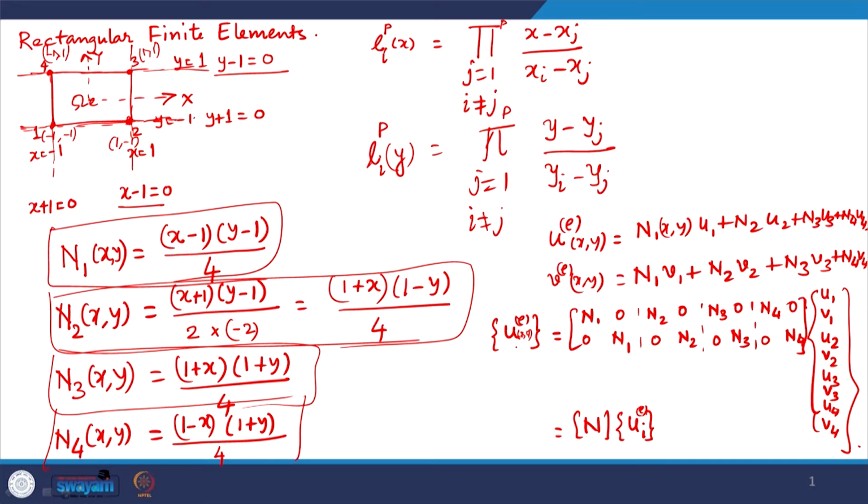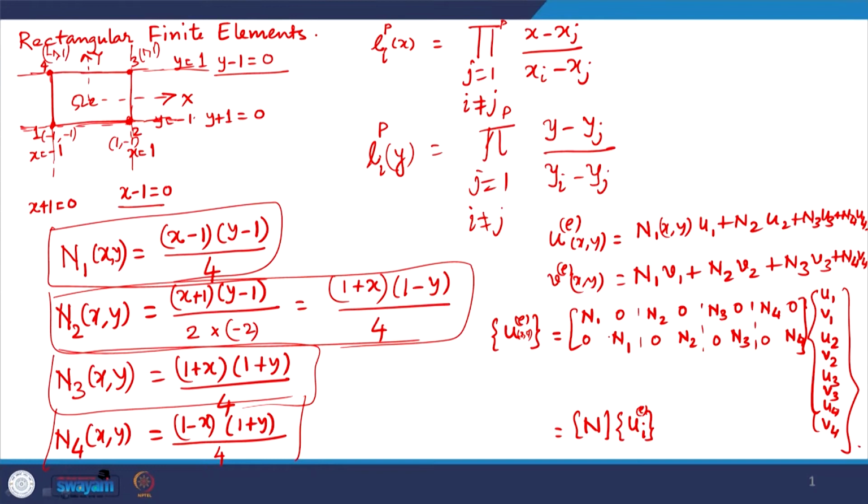And once we have this substitution, we have this variation, we can go back to the weak form and work out the domain integral evaluation, and from that point onwards it is essentially exactly the same process. It is an integral in 2 dimensions, and the expression is available as a variable in x and y, though integrals can be evaluated, it is a very regular geometry, x and y Cartesian coordinates, and integrals can be evaluated easily.